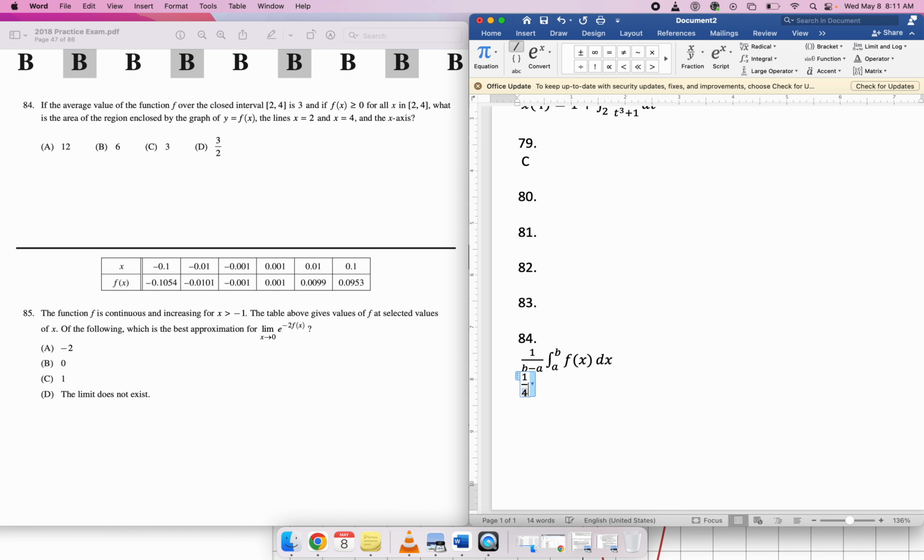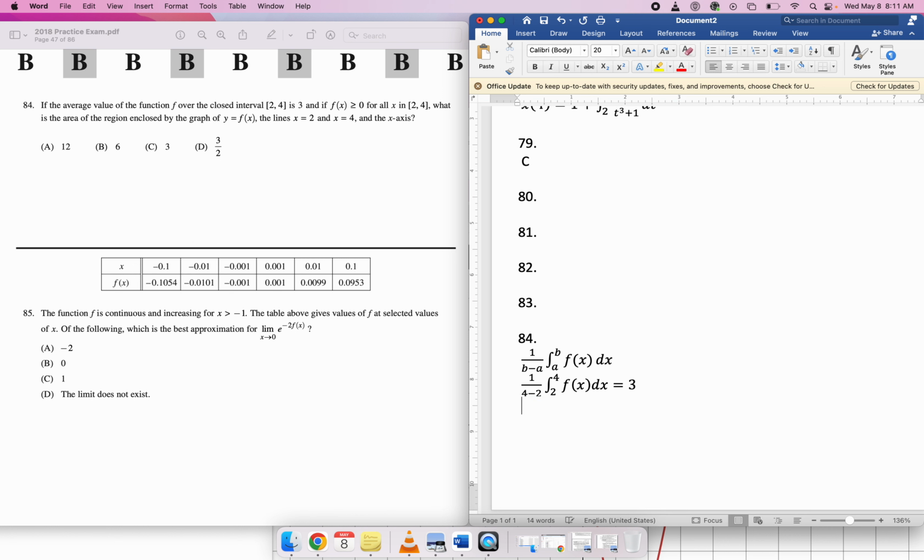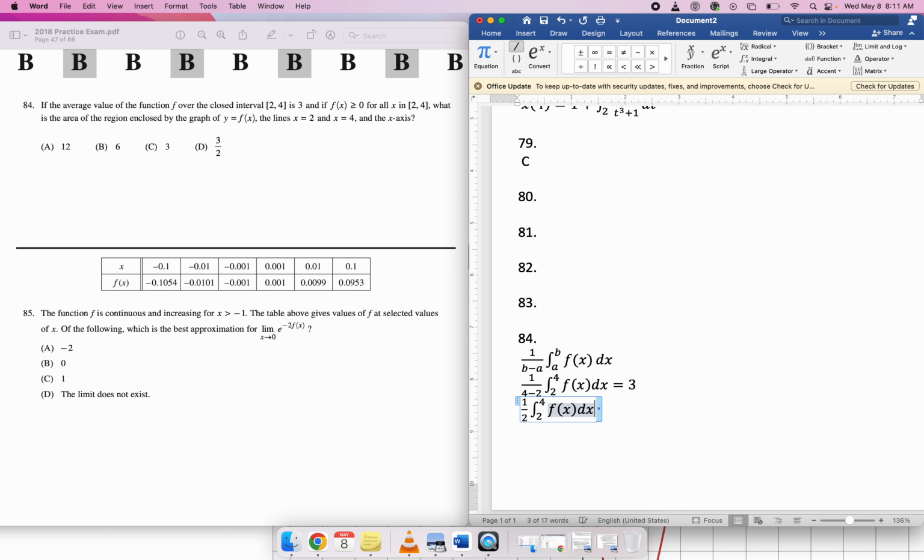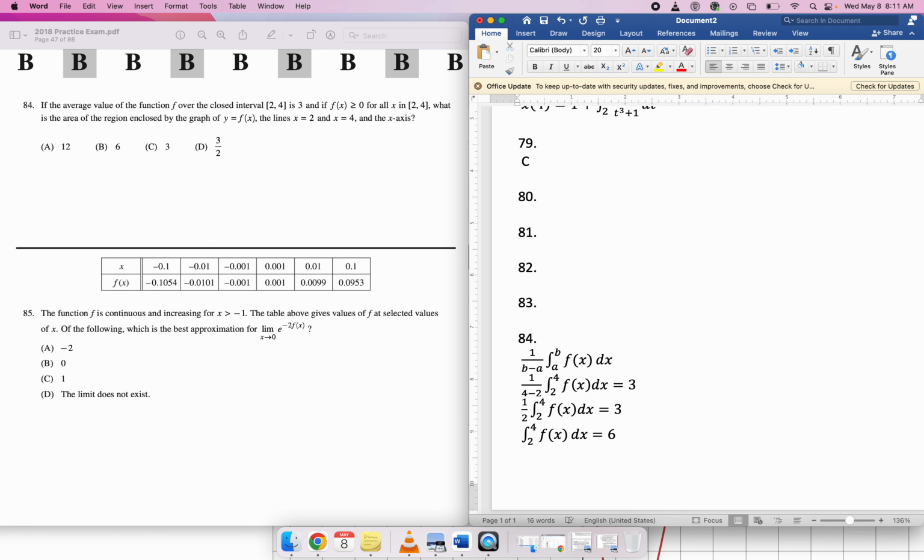That means that 1 over 4 minus 2 times the integral from 2 to 4 of f of x dx has to be equal to 3. Which just means that 1/2 times the integral from 2 to 4 of f of x dx is equal to 3. Which means that the integral from 2 to 4 of f of x dx is equal to 6. Just multiply both sides of that equation by 2.